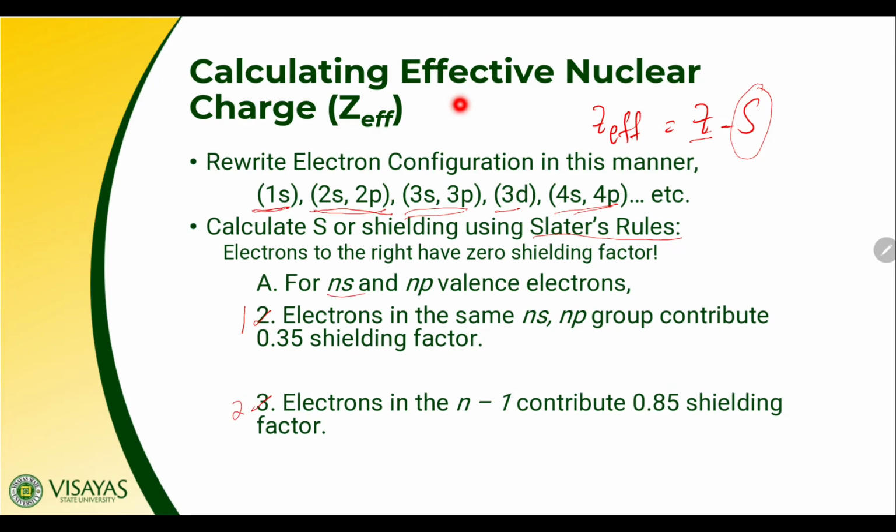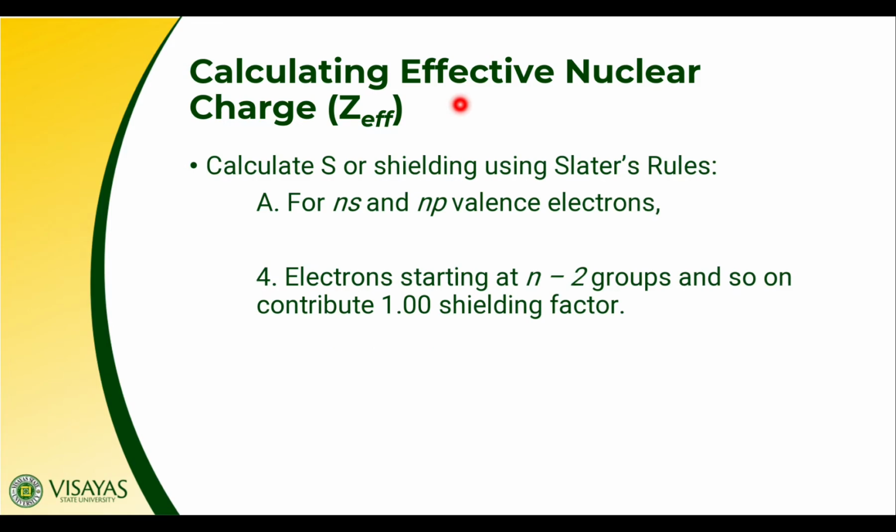For ns and np valence electrons, electrons in the same ns np group contribute 0.35 shielding factor, and electrons in the n-1 group contribute 0.85 shielding factor. So let's remember this. This is 3.